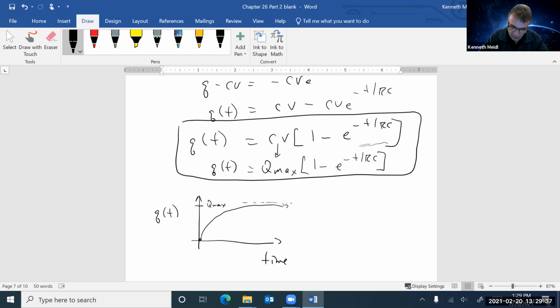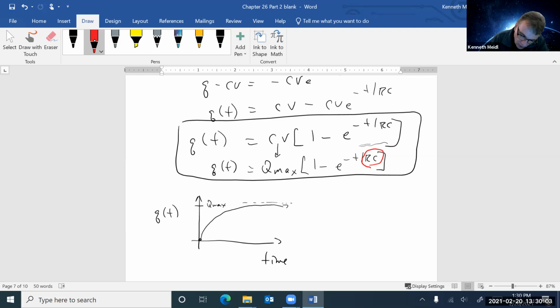Now, the people that get really good at this, what they notice is this right here. R times C shows up in this function, and R is a constant and C is a constant. And so that is really determining how quickly you get up to this maximum value.